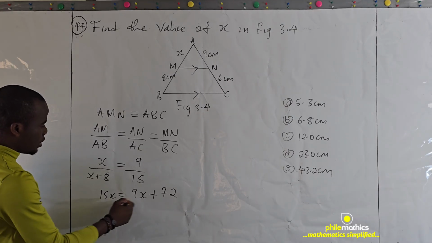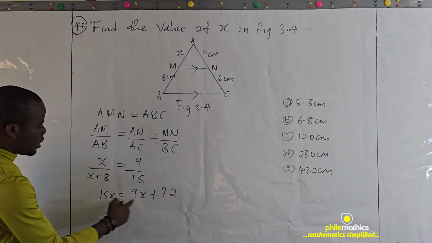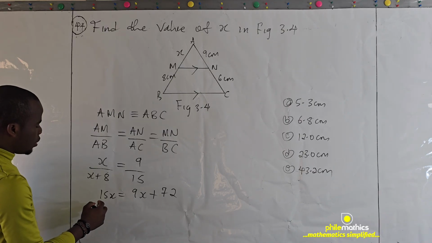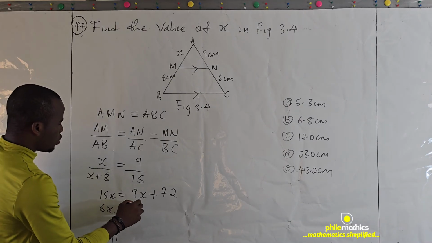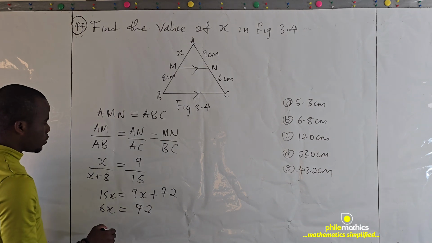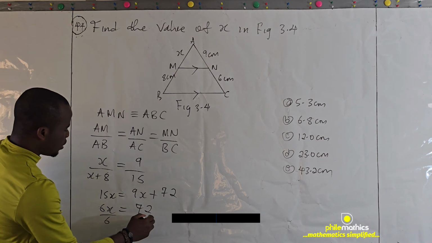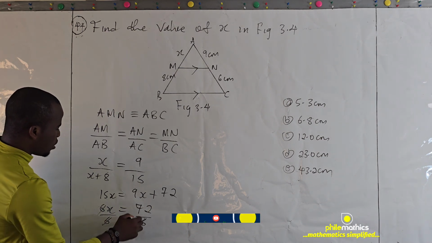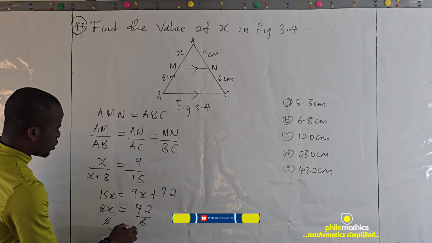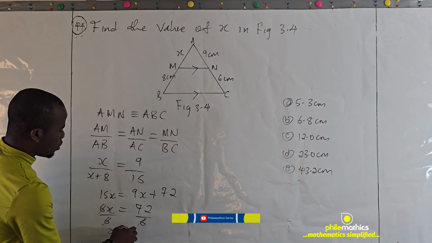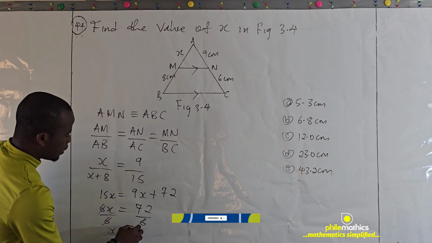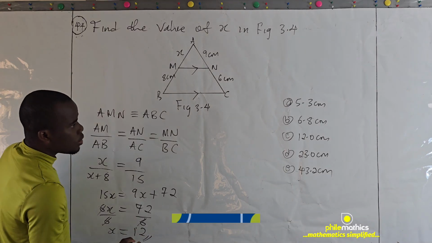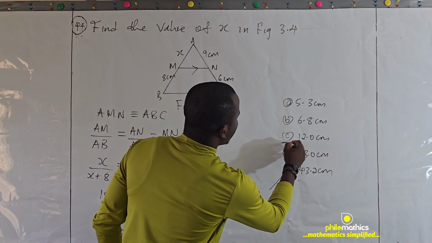Subtract 9x from both sides. 15x minus 9x is 6x equals 72. So divide both sides by 6. X is 12. So that is C.